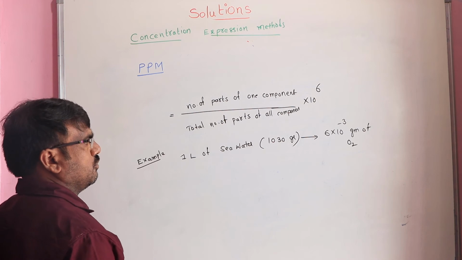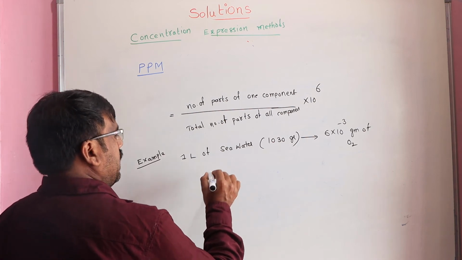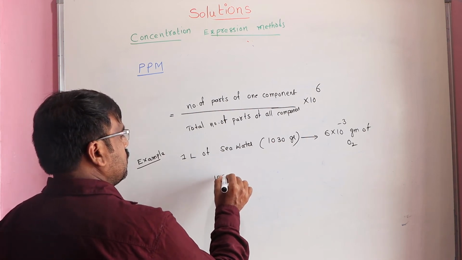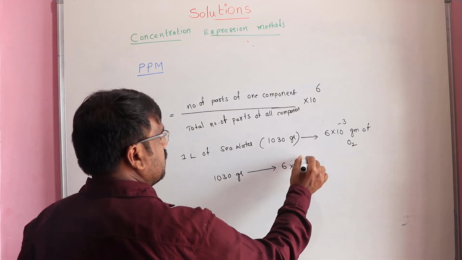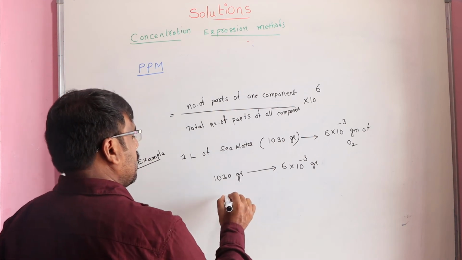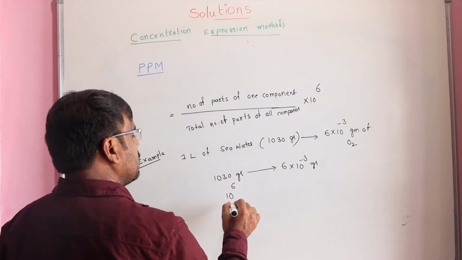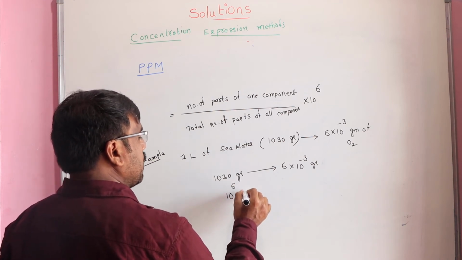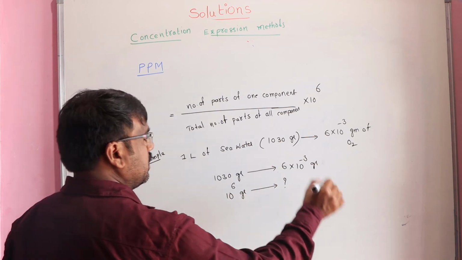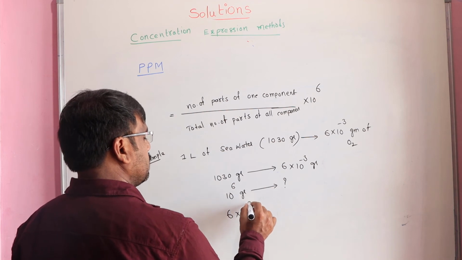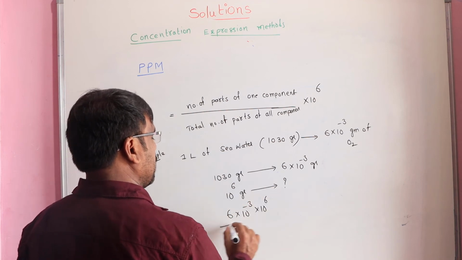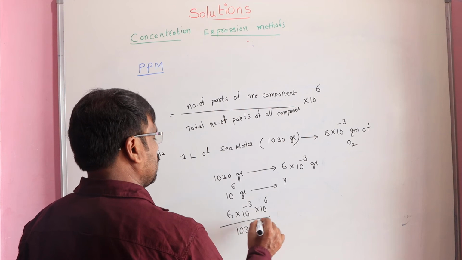How we can solve this? See, actually 1030 grams of sea water contain 6 into 10 power minus 3 grams of oxygen. If we take 10 power 6 grams of sea water, then it contains 6 into 10 power minus 3 into 10 power 6 divided by 1030.